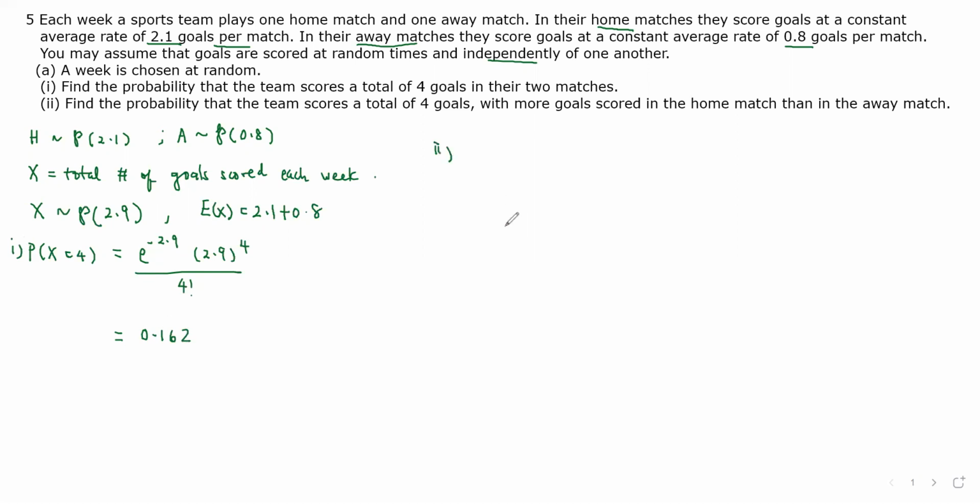For part 2, find the probability that the team scores a total of 4 goals with more goals scored in the home match than in the away match. We are looking at a total of 4.